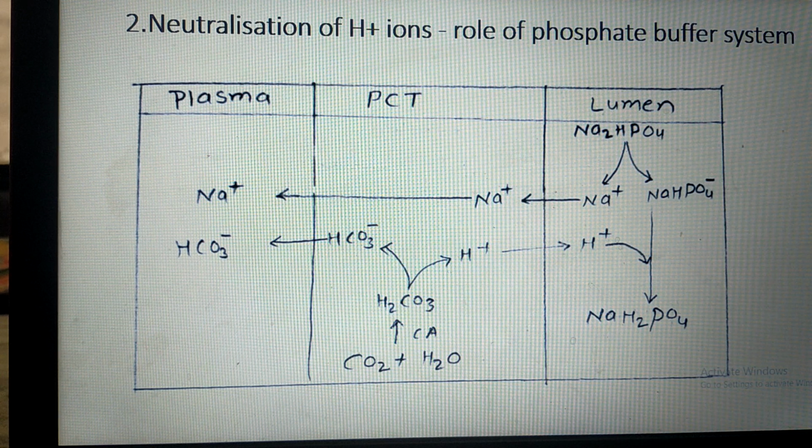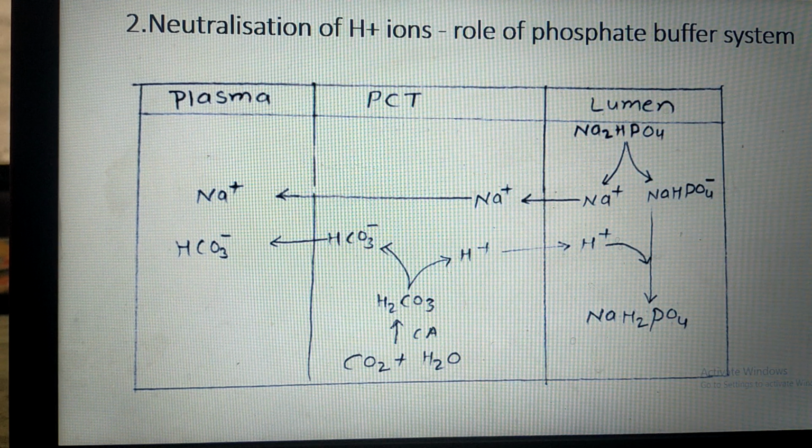Now what happens here is, the Na2HPO4, which is the base of the phosphate buffer system, is filtered through the glomerulus and enters into the tubular lumen. This breaks into sodium cation and NaHPO4 anion.